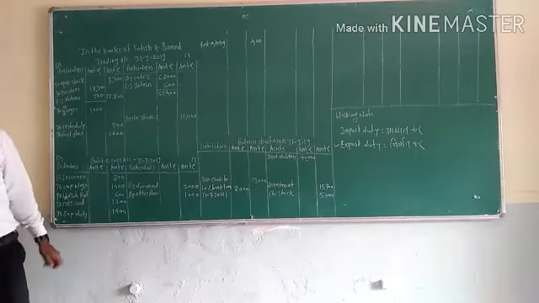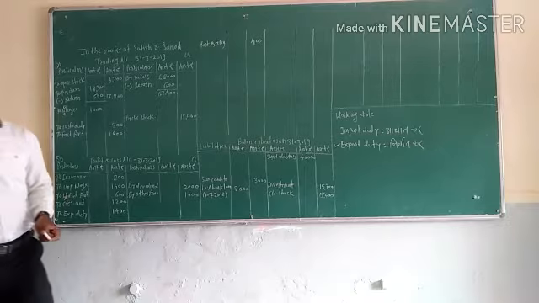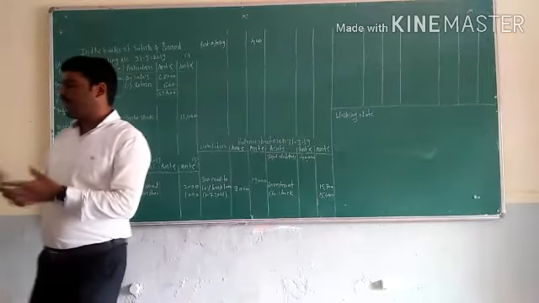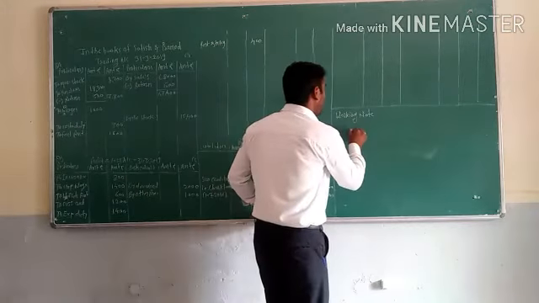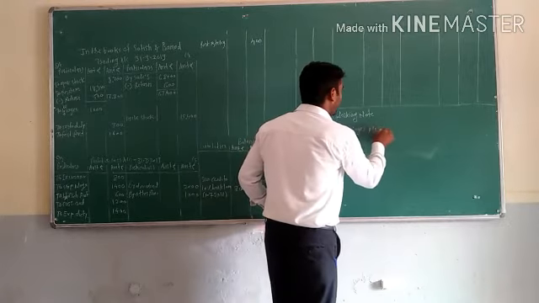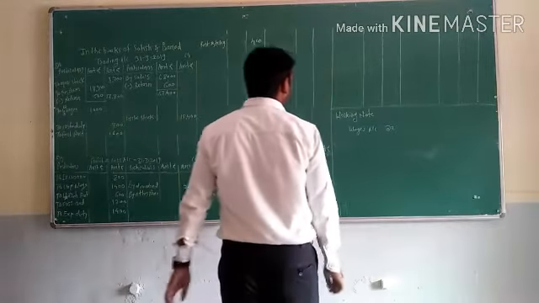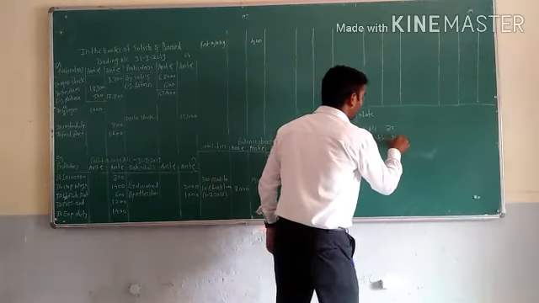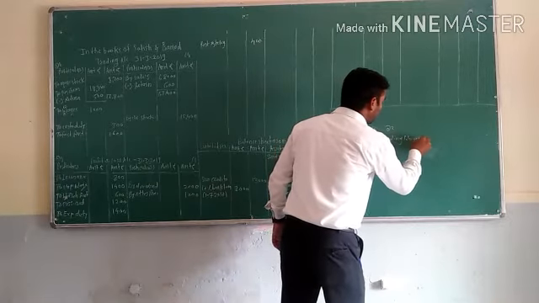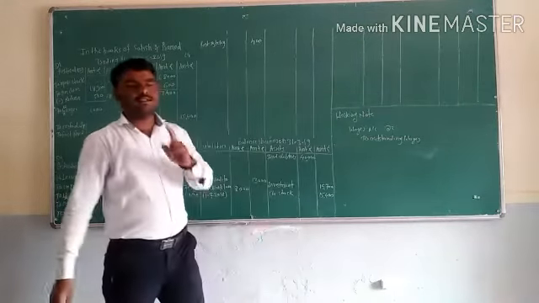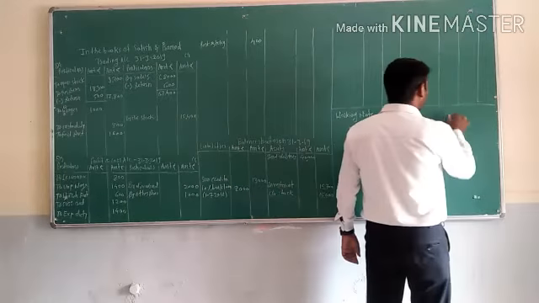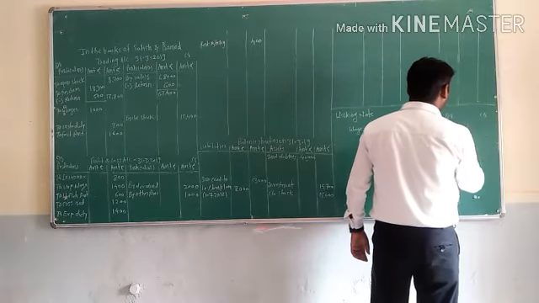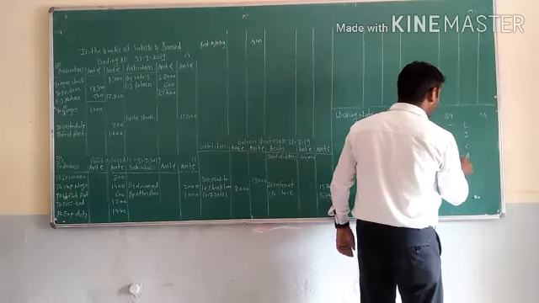Now the second adjustment is outstanding wages, and how to write the entry of outstanding wages. Wages account debit to outstanding wages. Remember the rule of debit and credit: L, I, C, A, E. Then minus, minus, minus, plus, plus.